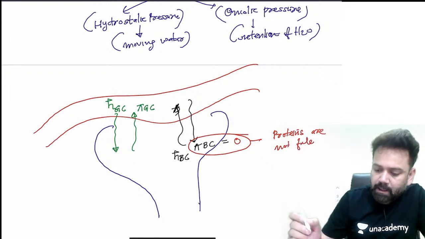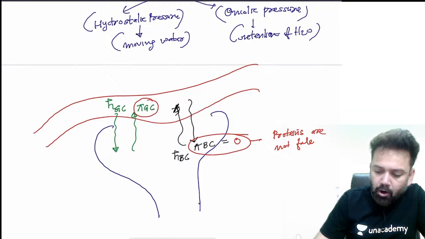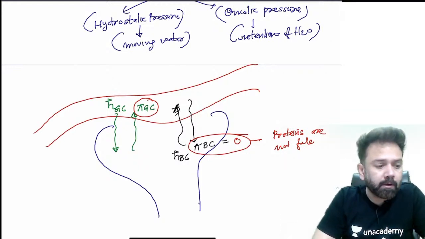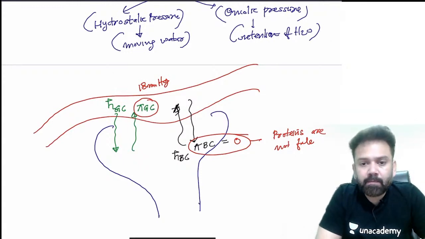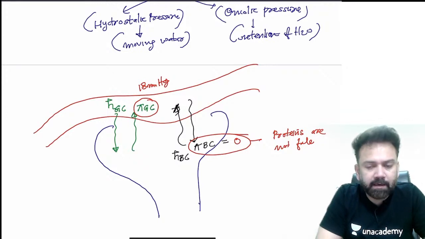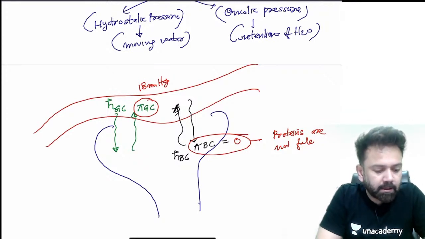On the other hand, how much is the oncotic pressure of the glomerular capillary that is preventing the filtration? It is around 18 mm of Hg. It is mainly because of protein. Which protein? Mainly albumin. It can be because of many proteins, but oncotic pressure is mainly because of albumin.